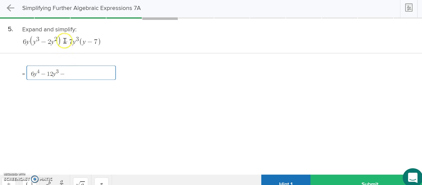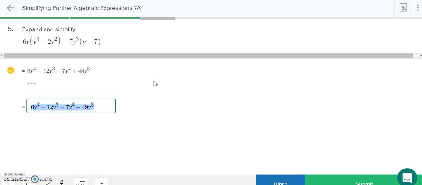Then I've got my subtraction sign here from the question, so I'm copying that down. Then I'm going to do 7y cubed multiplied by y, so that's going to give me 7y to the power of 4. Then I've got a negative 7 times a negative 7, so that's going to give me a positive 49, and I've still got this y cubed to add on here. Okay, so that's my first line of working.